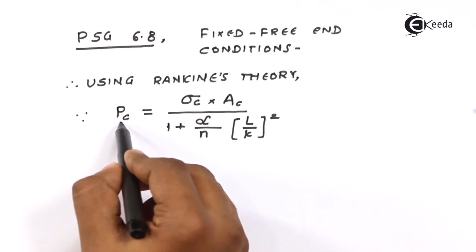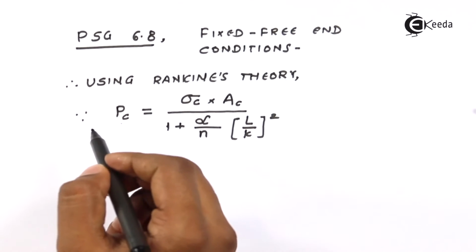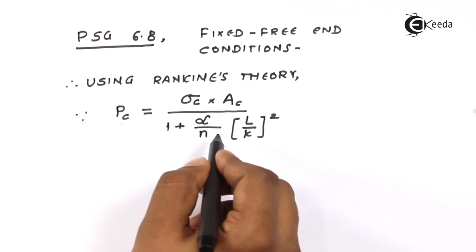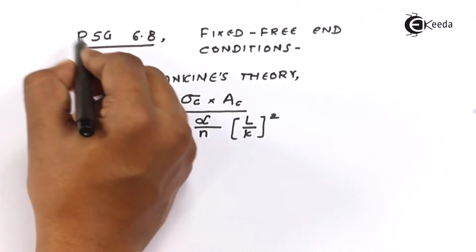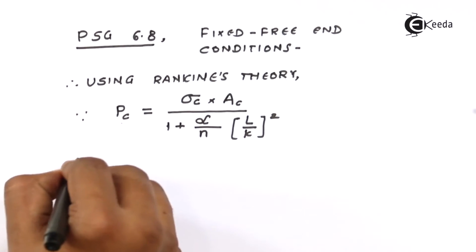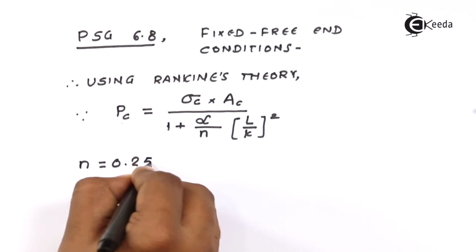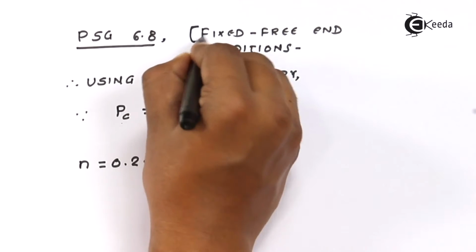We have to see whether the load or the stress are within the range or not. For this, there are certain selections again from PSG 6.8 that we are going to make. We'll say n is equal to 0.25. It's a standard selection for the case that we have.